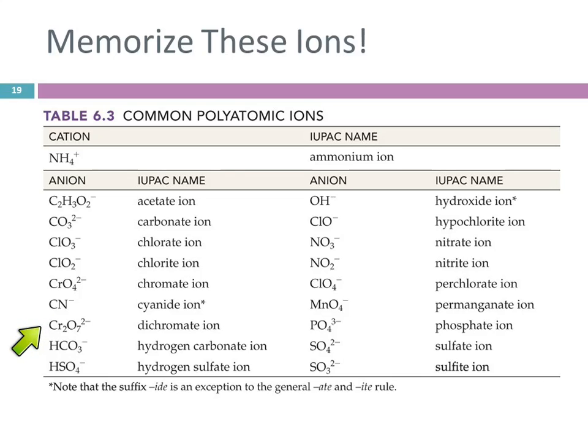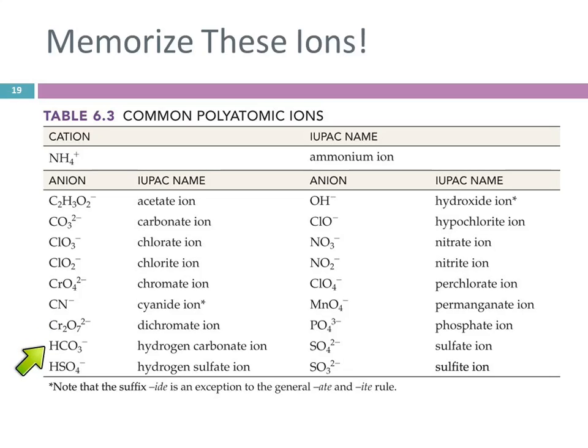Dichromate is weird. Dichromate has a prefix di on it, which we rarely see in polyatomic ions, and that suggests that it's double the chromate ion. Well, it's got 2 chromiums, but it doesn't quite have 2 times the number of oxygens. It's got 7, so that one's a little funny.